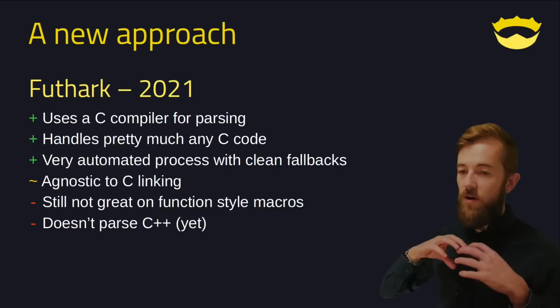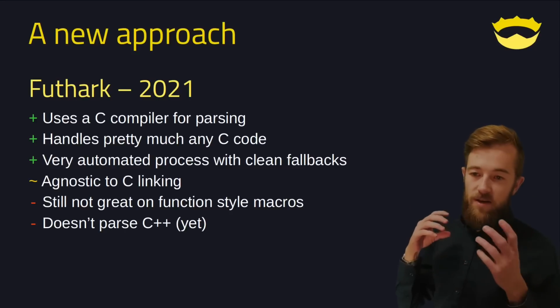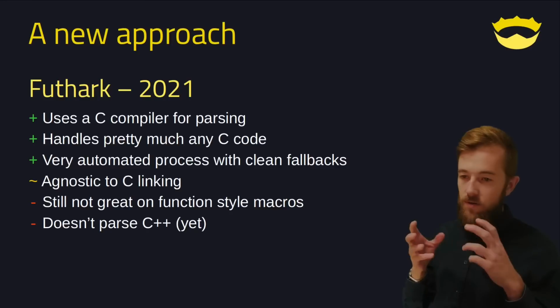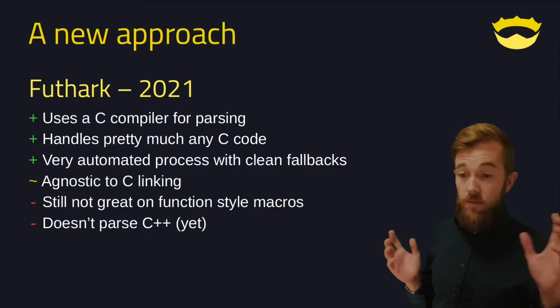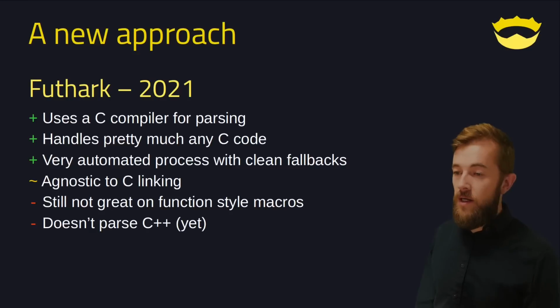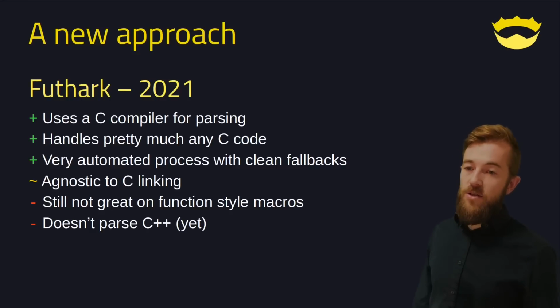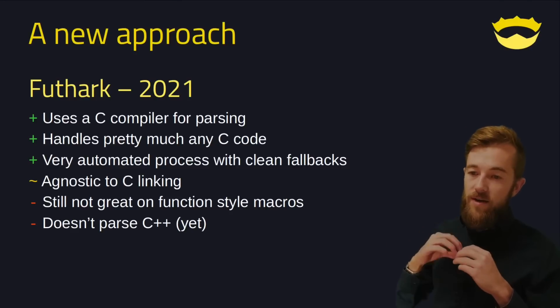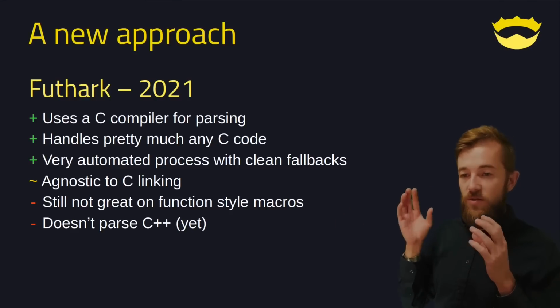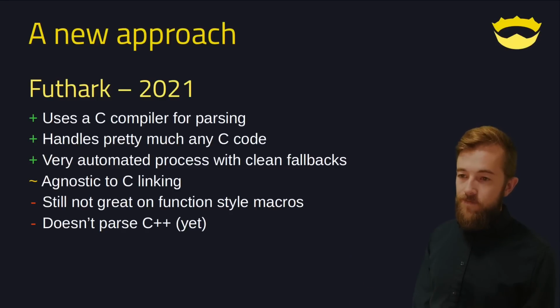It will solve all of the if-defs and macros, and all of that will just be solved by the C compiler because it knows what it's doing. And Futhark basically just takes the output from the C compiler, and then the only job left is to create the Nim code.